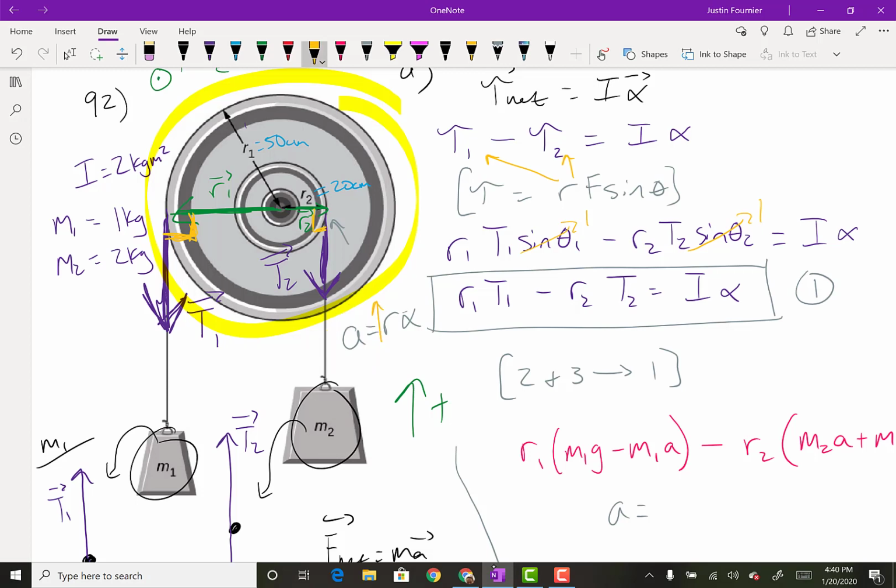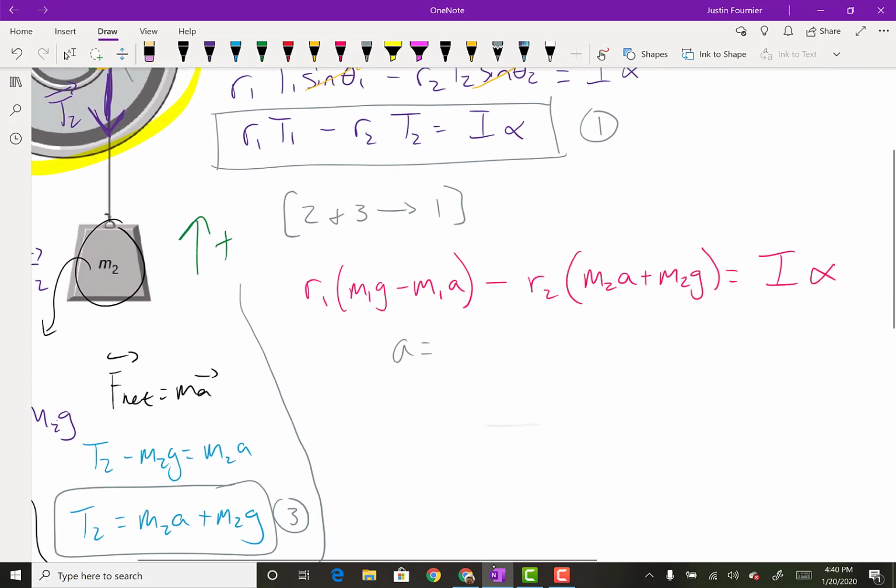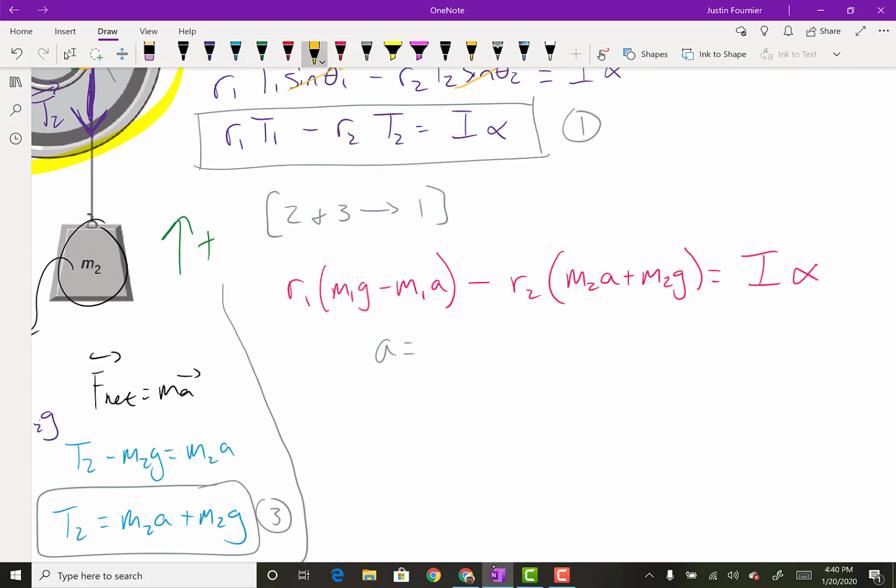So the bigger the radius, the bigger the linear acceleration. But basically the big idea here is that the linear acceleration is going to be R times the angular acceleration. And I'm going to plug that into here and here.